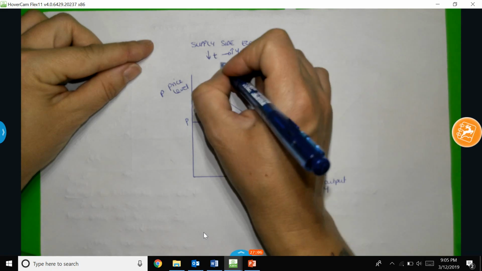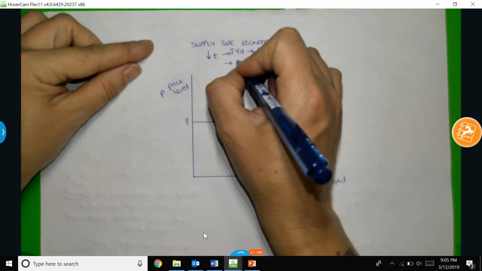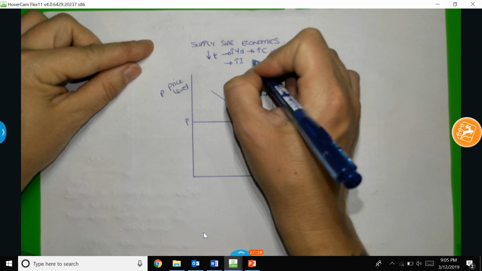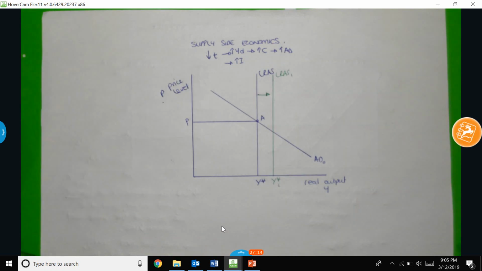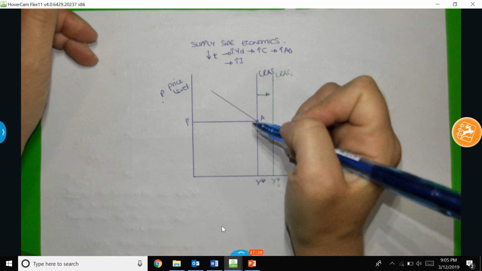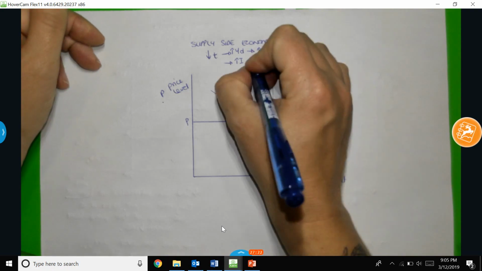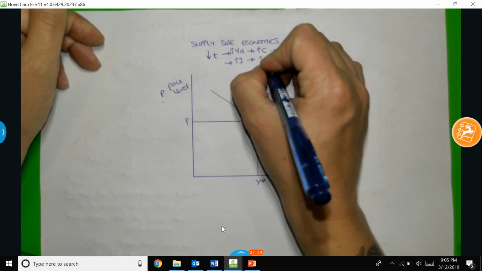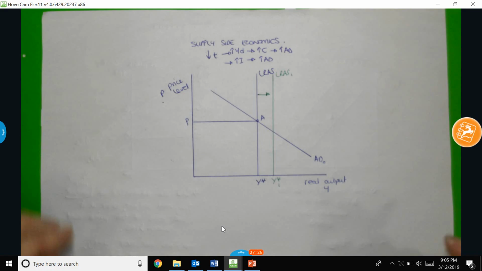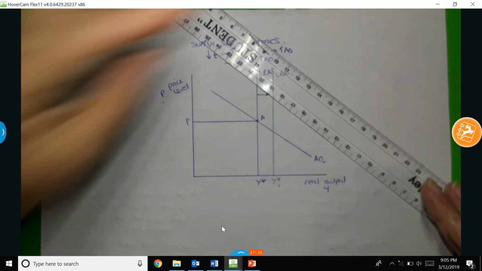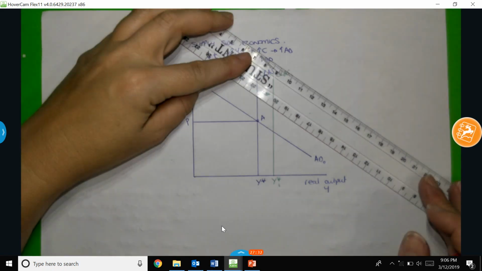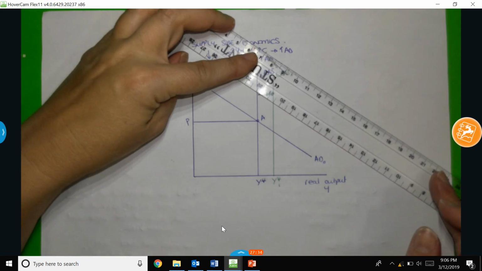As I've mentioned before, tax cuts could also raise investment because firms who are benefiting from lower taxes on their profits might be more inclined to reinvest those profits in their businesses, and so investment would rise. That then gets multiplied through the economy to cause an increase in the demand for goods and services. We show that increase in the demand for goods and services as a rightward shift of the aggregate demand curve.